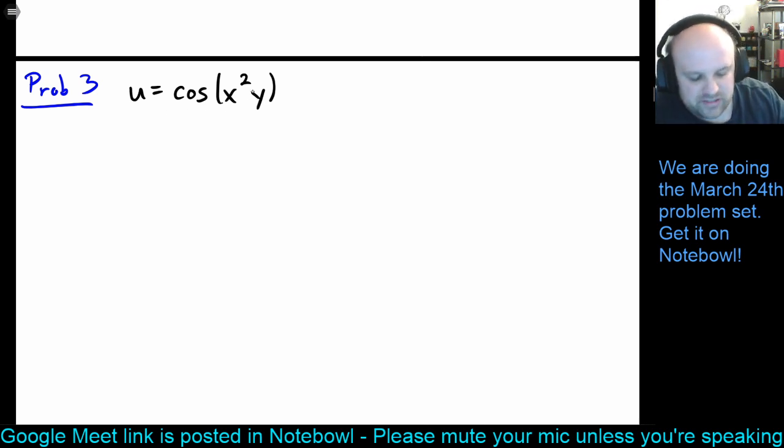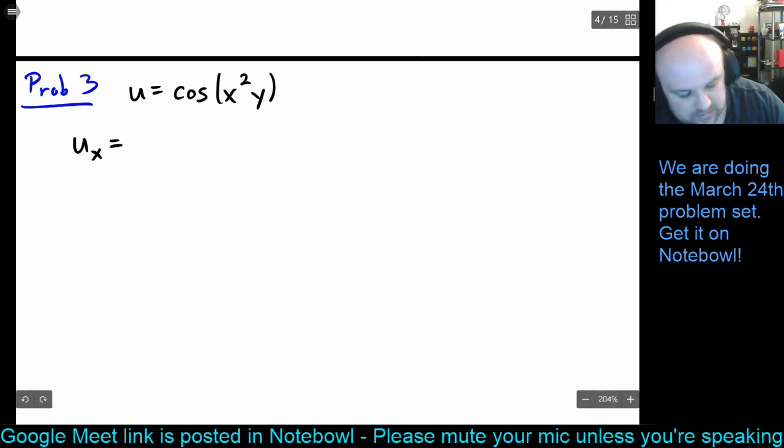So this should satisfy Clairaut's theorem. But let's check that. So we're going to find ux, so differentiate this with respect to x. Chain rule says pop out a 2xy times minus sine of x squared y.